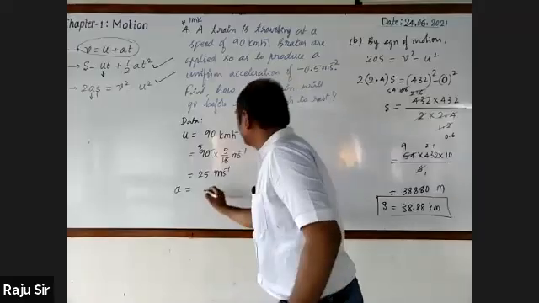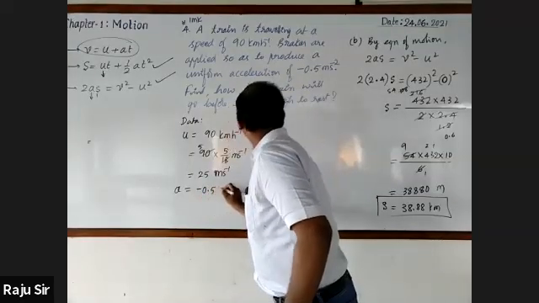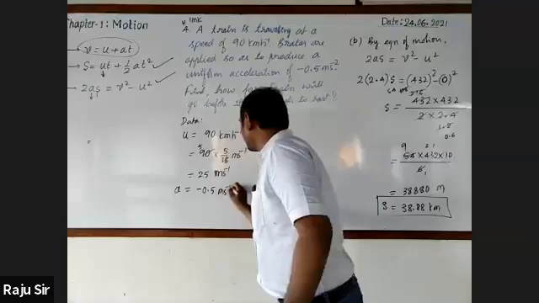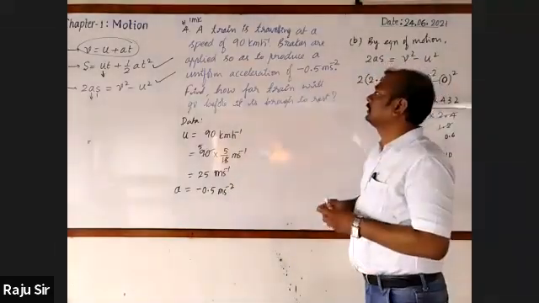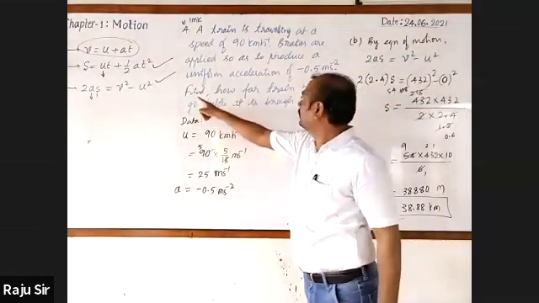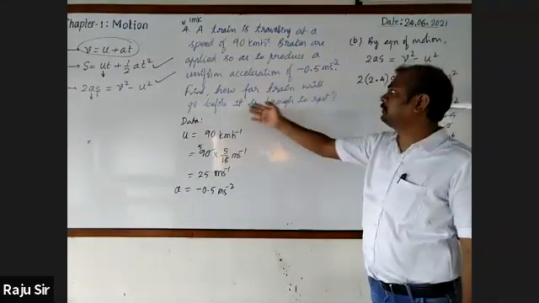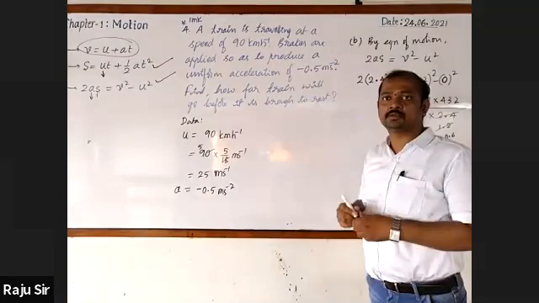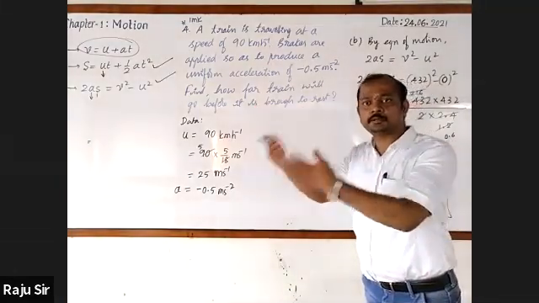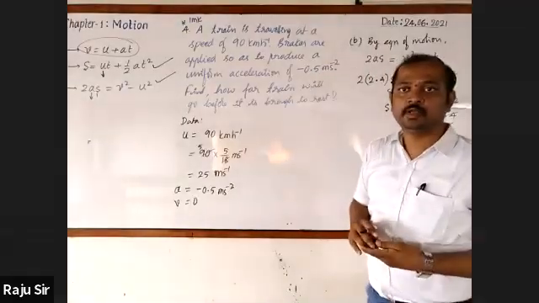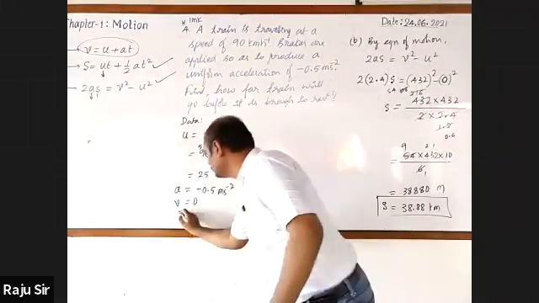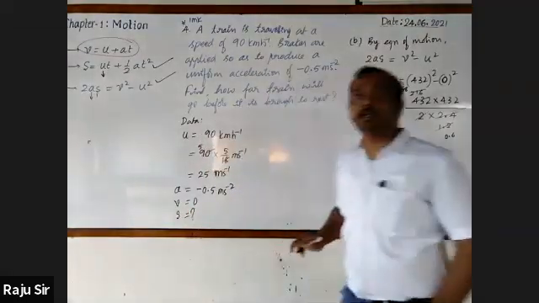It has been given: a is equal to minus 0.5 meter per second square. Next, find how far the train will go before it is brought to rest. When it comes to rest, what will be the final velocity? Final velocity is 0. We have to find out how far it will travel.